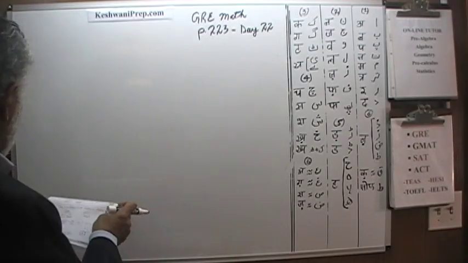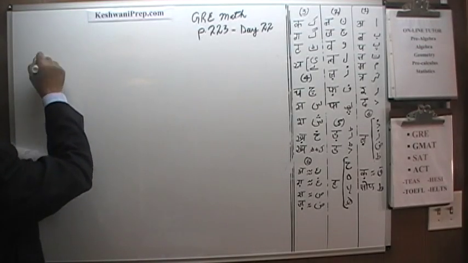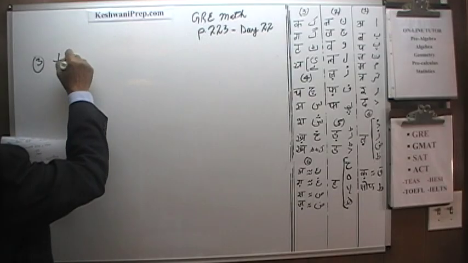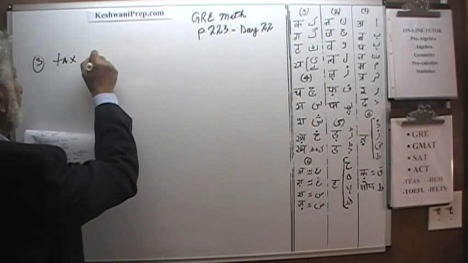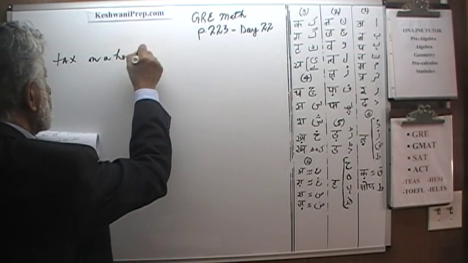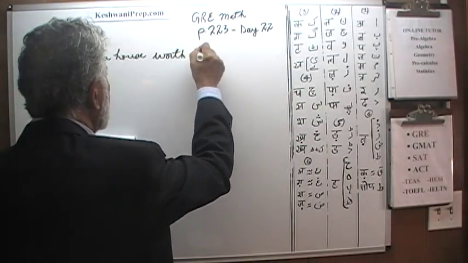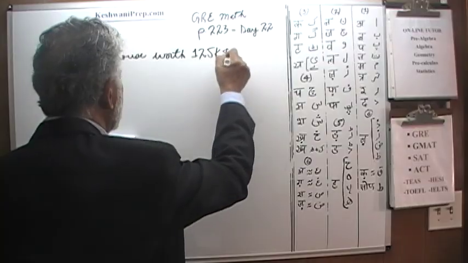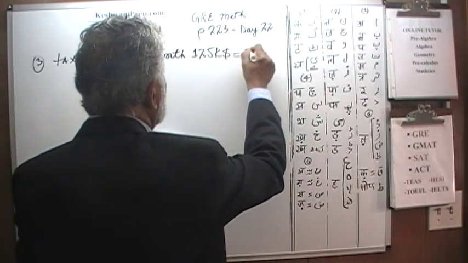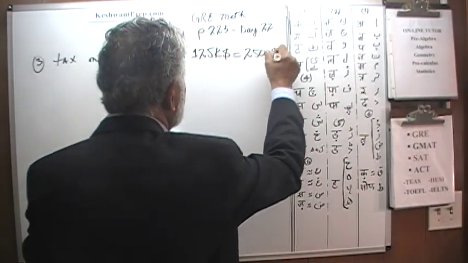Number 3, we are told that the tax on a house worth $125,000 was $2,500.